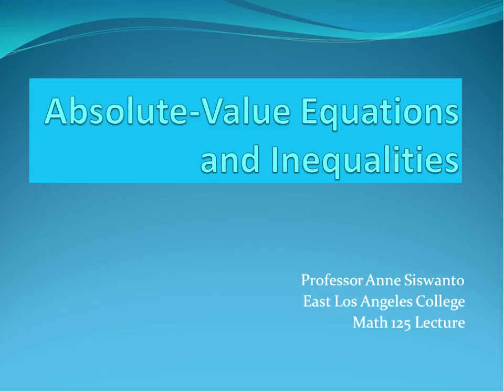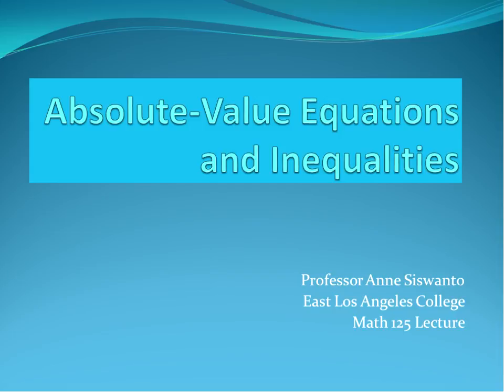And if I say absolute value of x minus 5 is equal to 2, it means the distance between x and 5 is 2.